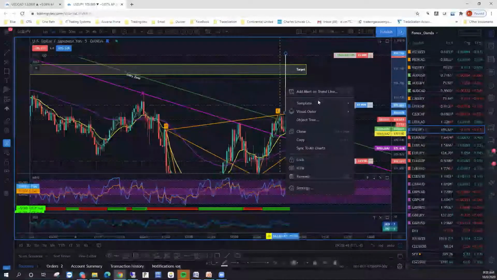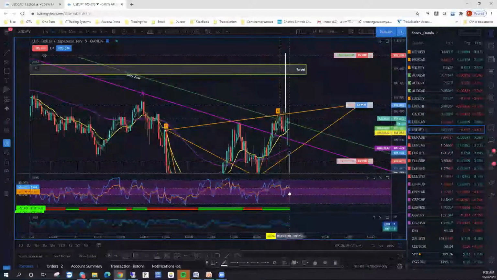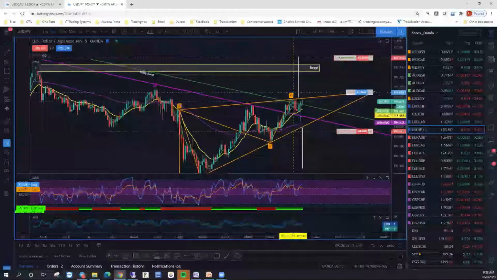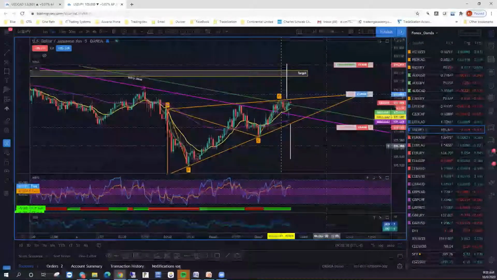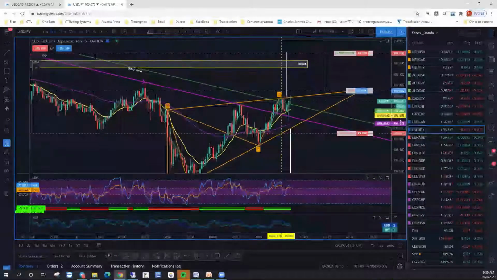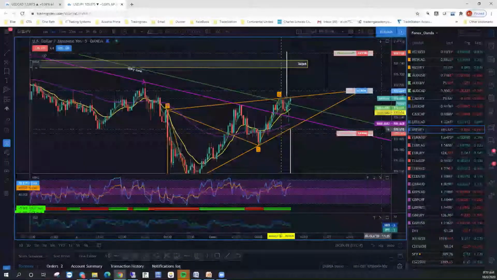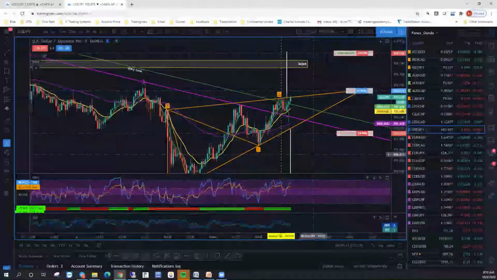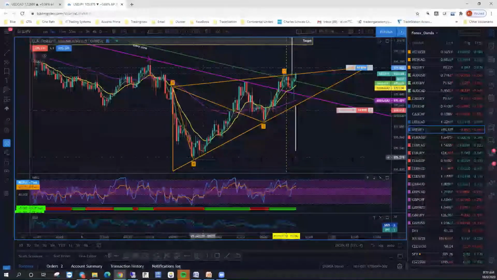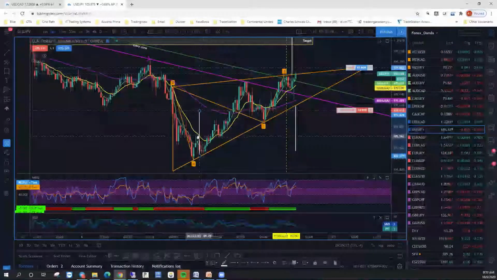And if it breaks out the bottom, you'll be looking at it down this direction. And if you're real aggressive, you could take your stick from the A area.